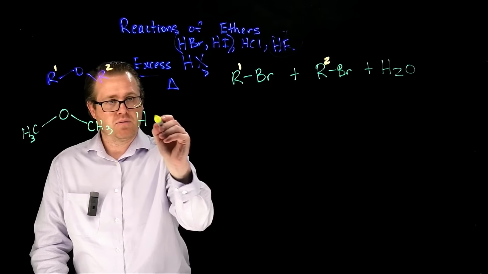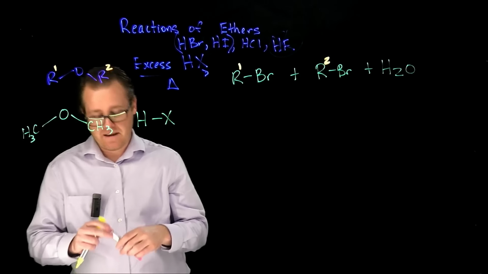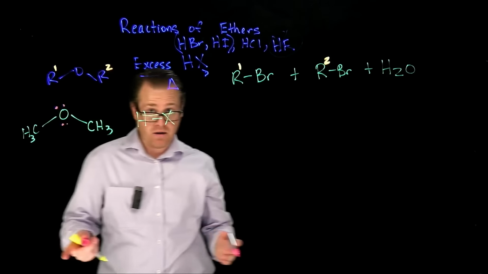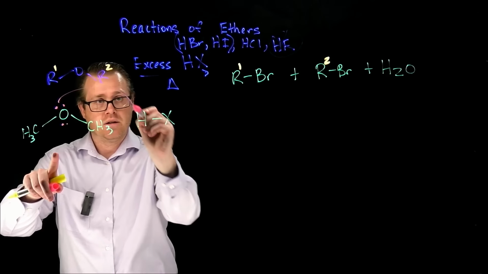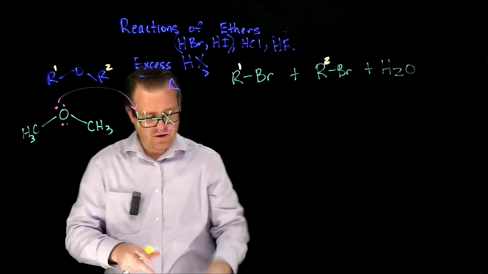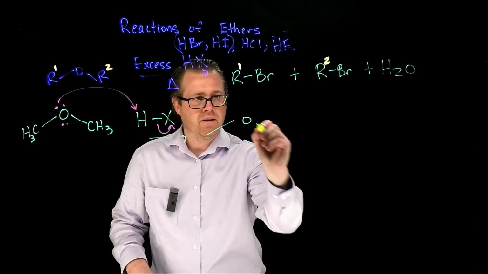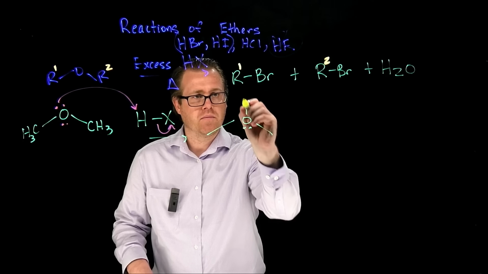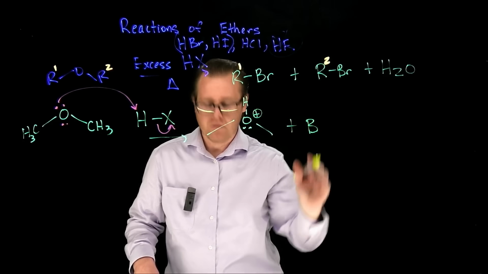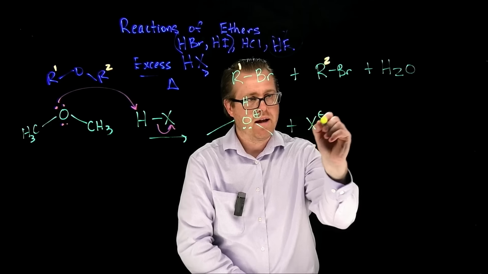So if we treat this with HX, the first step is, well, the only thing that has lone pairs is the oxygen. So the oxygen is going to abstract a proton. I'm going to represent the halide not as Br, I'm going to do X minus. There's our halogen right there.